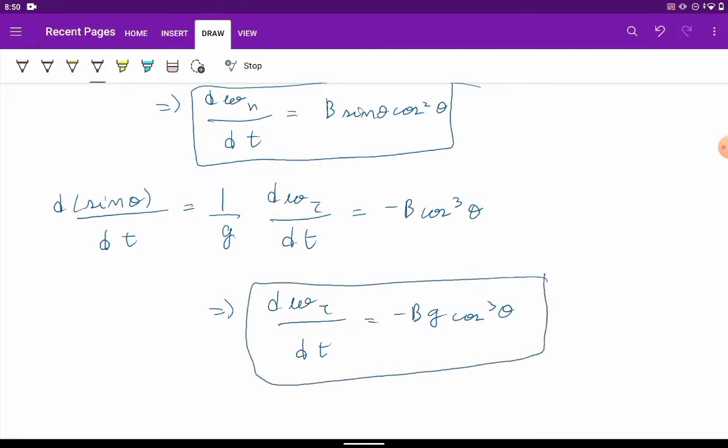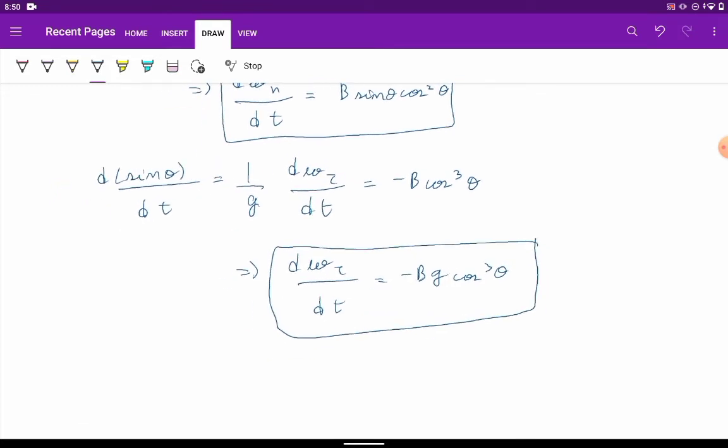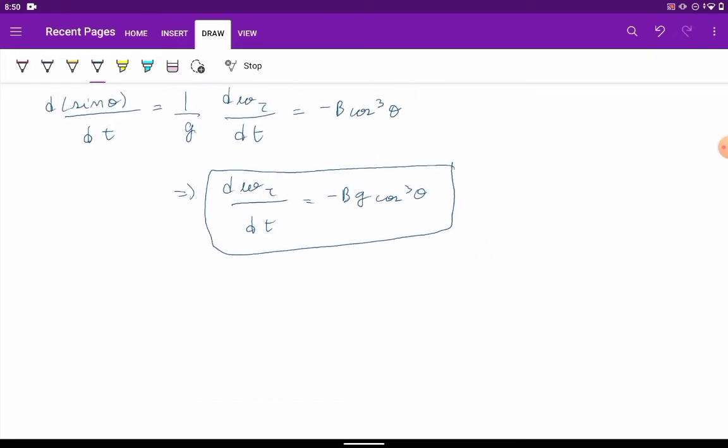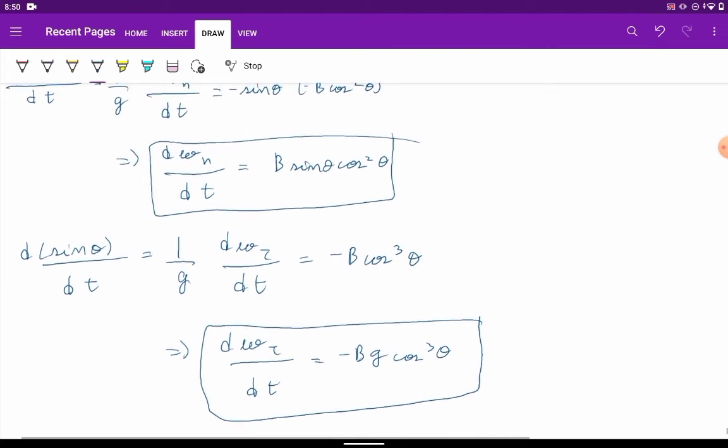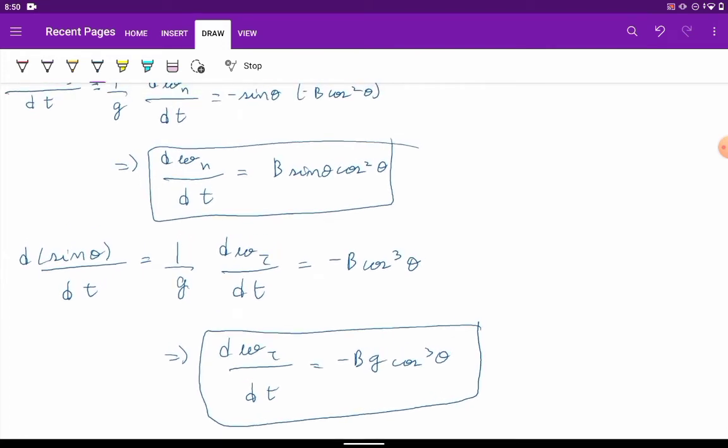Fine. Now it's very simple from here. We just need to see the trend with time.